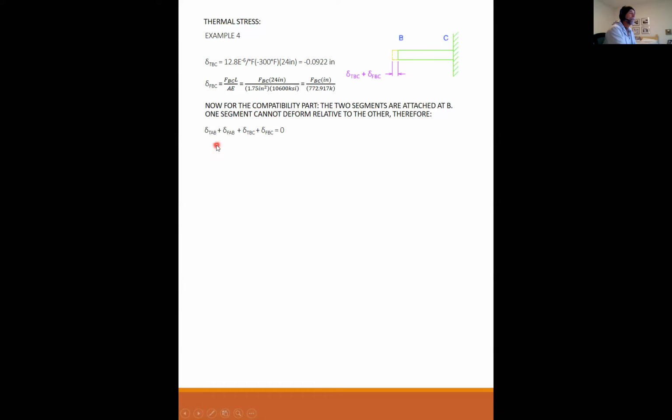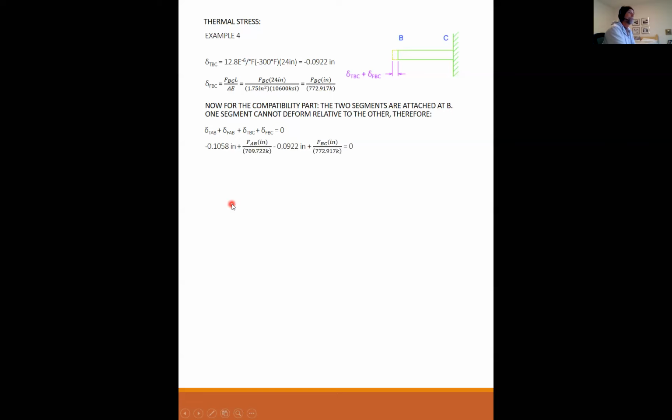All of the shrinking due to temperature of AB and the stretching of AB due to force, plus the shrinking of BC due to temperature, plus the stretching of BC due to force, they all together equal 0, because there can't be any net change in position of B, or B from the AB side can't be any different than B from the BC side. So all of the effects cancel each other out overall.